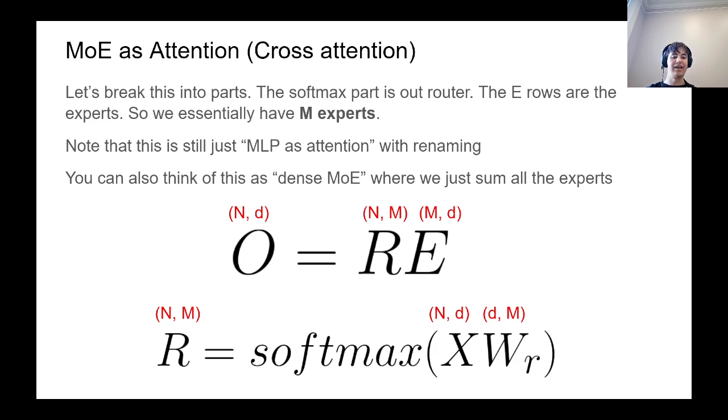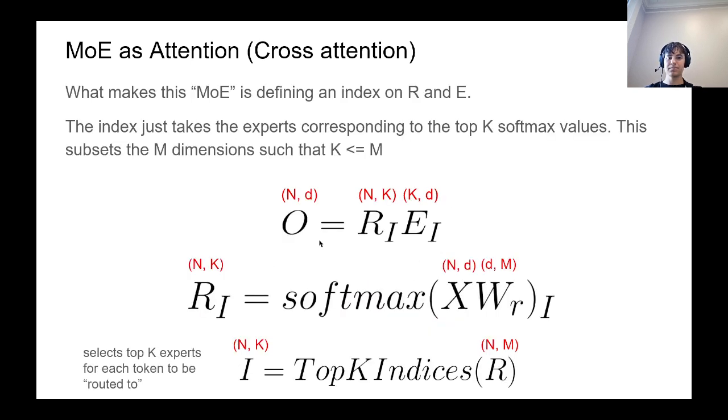It's a dense MoE because we're not indexing anything, where this router becomes an N by M matrix that gives a weight for every expert, and this just takes all the experts.